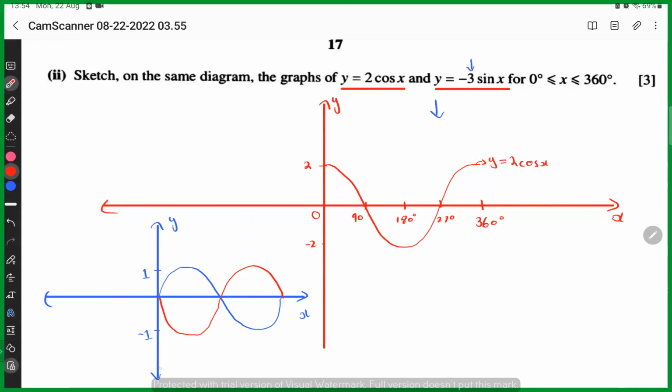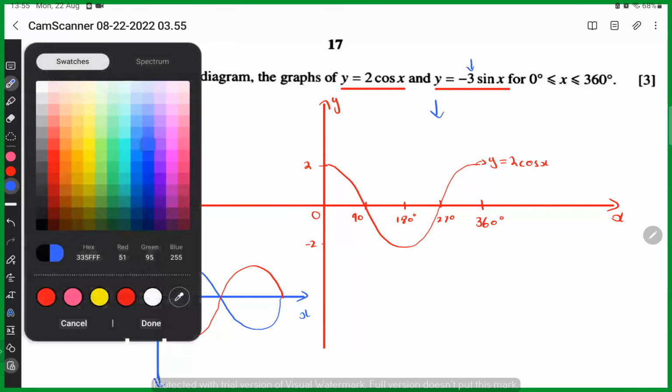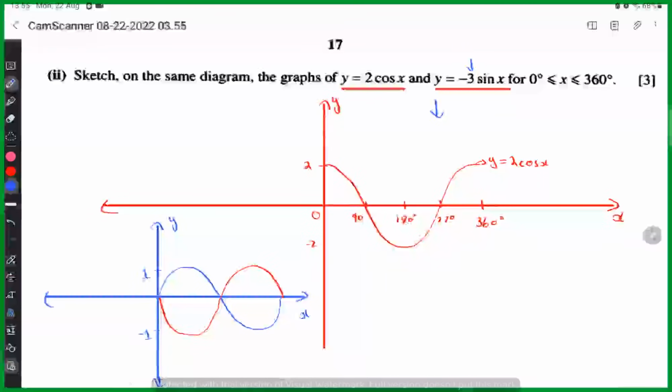This is 1. Let me extend my axis a bit. Just imagine that this part is minus 3, and this part is positive 3.